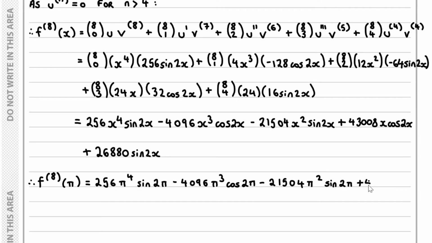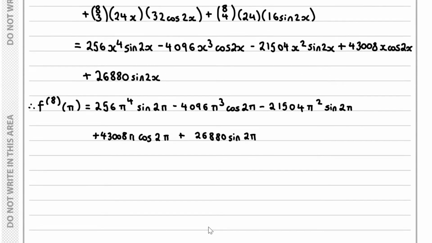and then we've got 43008 times by pi. I'll write this on a new line actually, multiplied by the cosine of 2 pi, and then we've got 26880 times by the sine of 2 pi.